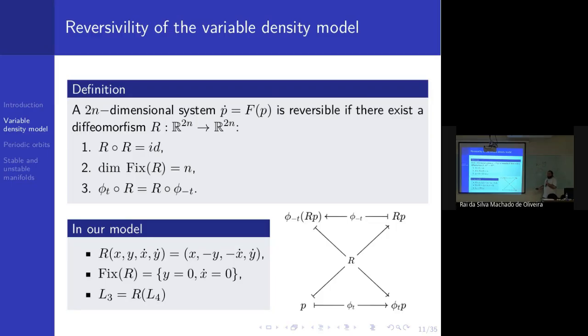Okay, so it sounds complicated, but in reality, in our model, the symmetry is this one. If we change the sign of the y-axis and the velocity in the x-axis, it's the same as if we go back in time. And the set of all symmetric points is the x-axis, y equals 0, with initial velocity perpendicular to the x-axis.